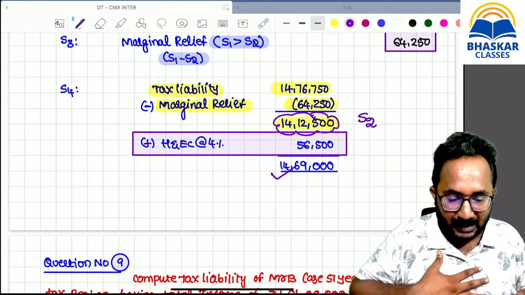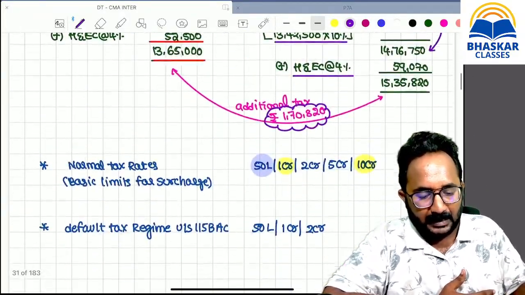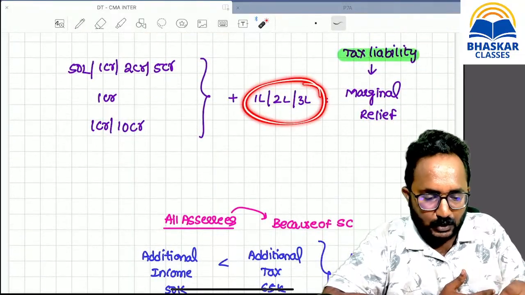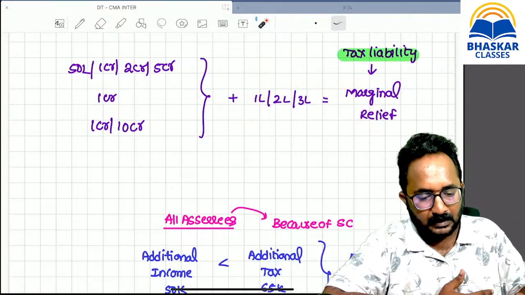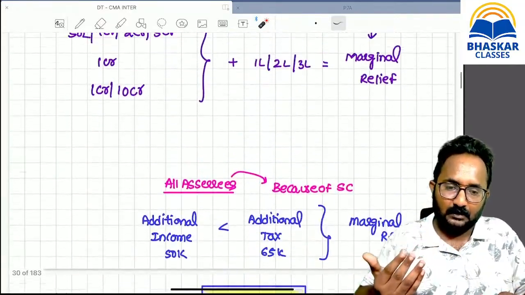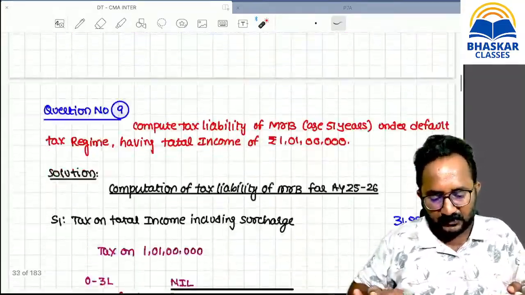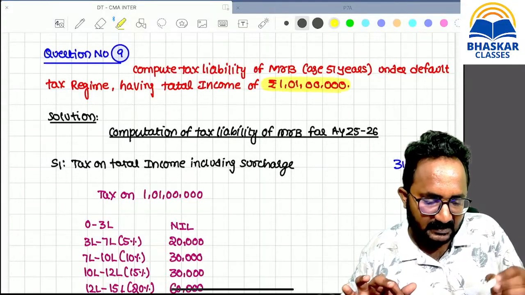In your exam, how can you identify that yes, we can get the marginal relief? If surcharge basic limit and over and above 1 lakh, 2 lakh, 3 lakh are given, directly you can decide, yes, we can calculate the tax liability by using marginal relief. Sir, I have some confusion, sir. No problem. I will tell you. In the next question, 1 crore 1 lakh, can you tell me, here we can get marginal relief.